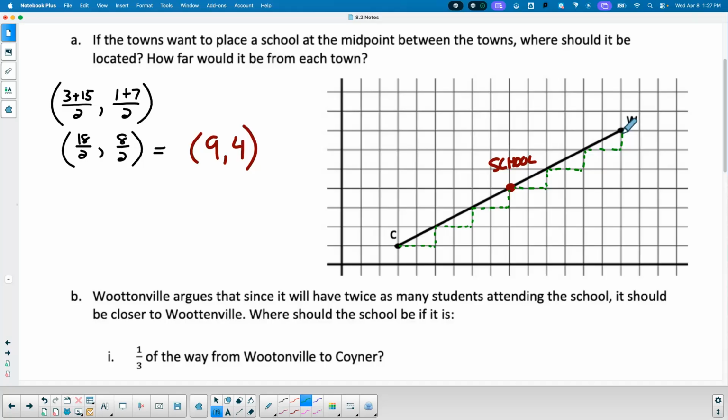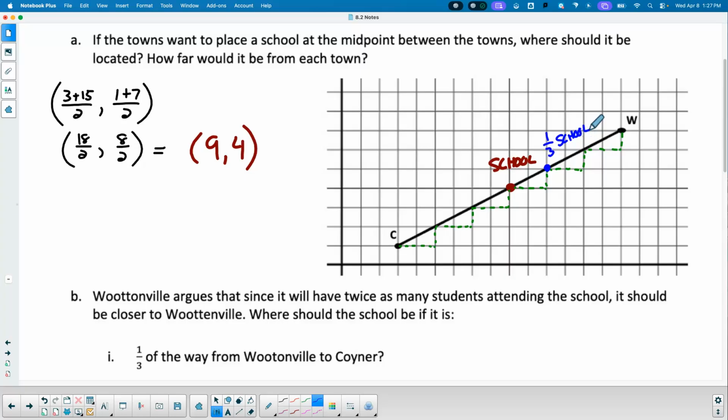So if we want the school to be 1/3 of the way from Woottonville to Coiner, how many slope triangles is 1/3 of 6? 2 triangles, right? Okay. So we would start at Woottonville, and we would go right to here. This would be the 1/3 school.